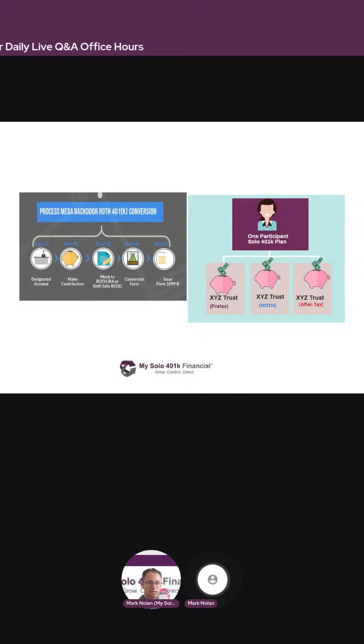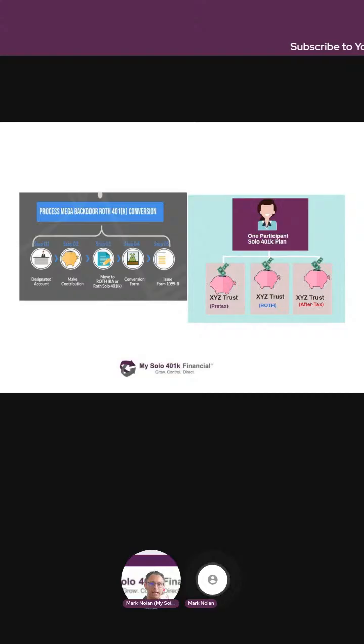That's one major difference between a self-directed IRA and a solo 401k plan. And that is that in order to open a solo 401k plan, you have to be self-employed. Whereas with the self-directed IRA, you are not required to be self-employed. So in this example, the S corporation sponsors the solo 401k plan.